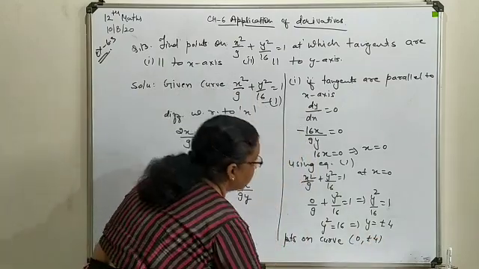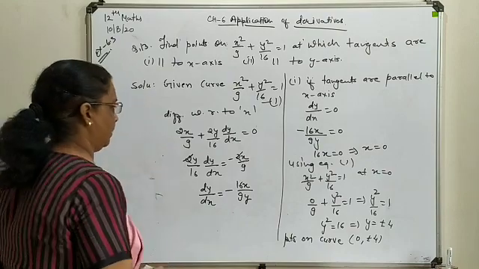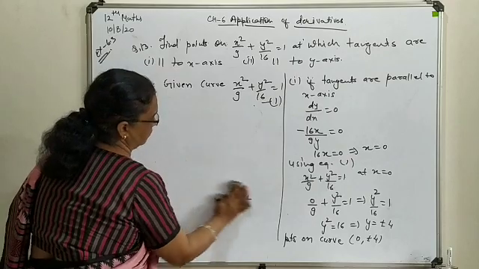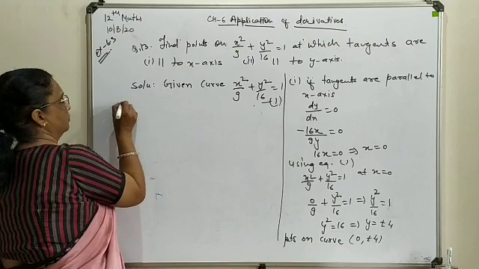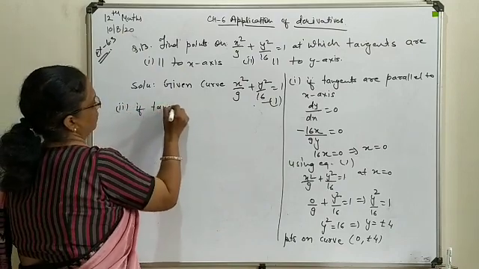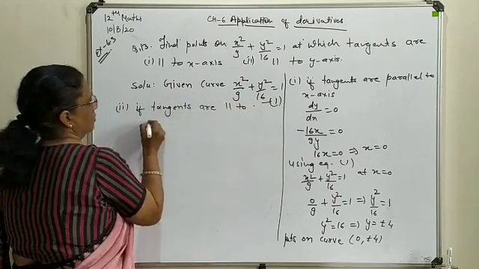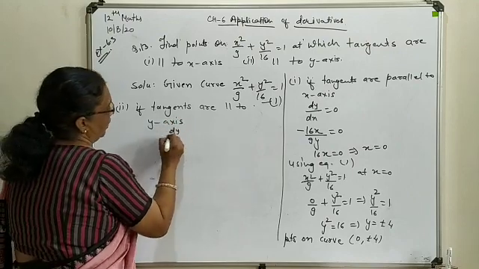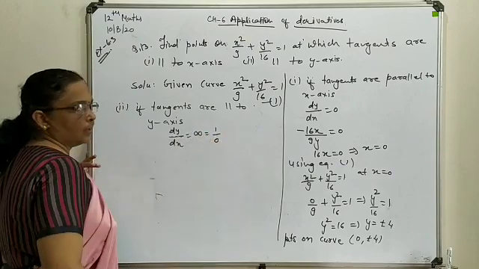Move towards the second condition at which your tangents are parallel to the y-axis. For the second condition, if your tangents are parallel to the y-axis, so at that time dy by dx you will consider as infinite or 1 by 0.